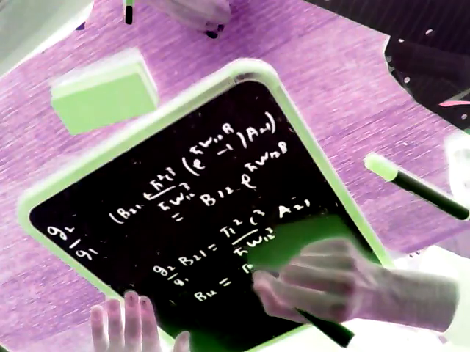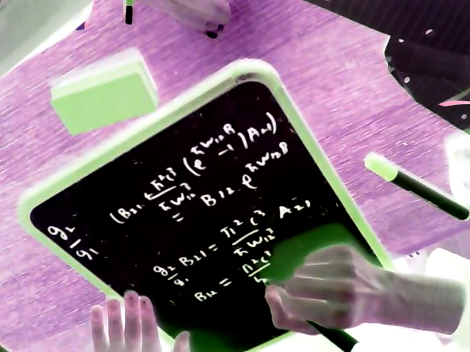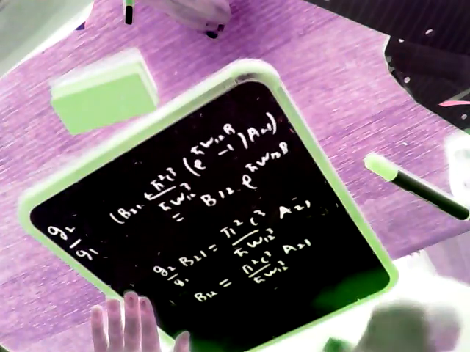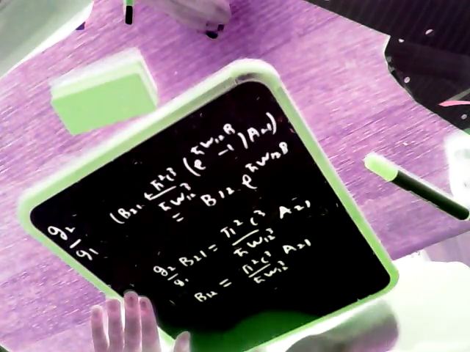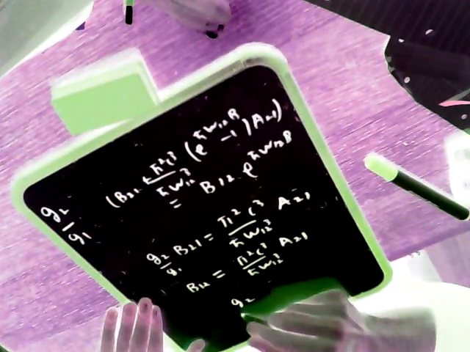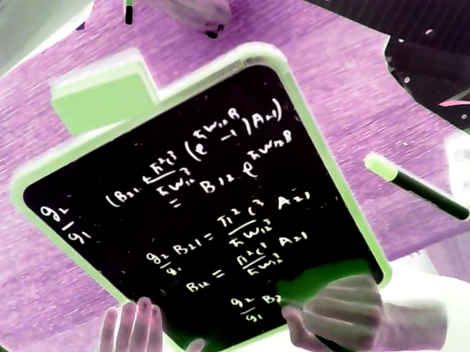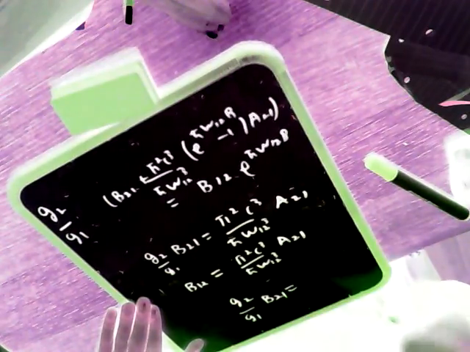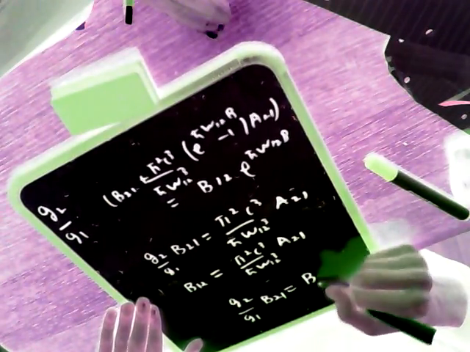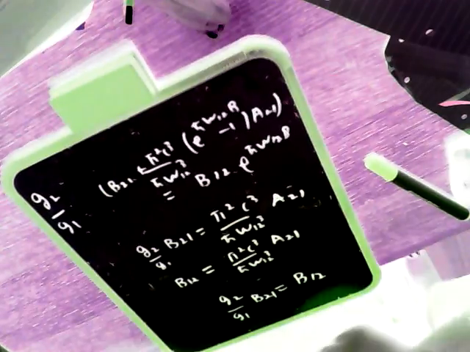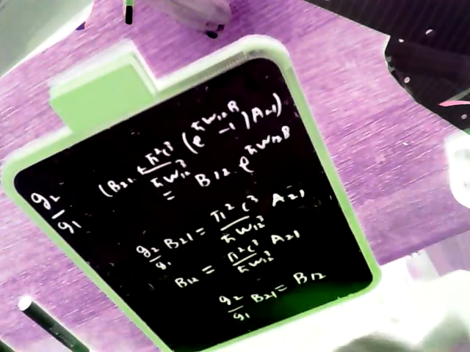So that gives us that B12 is equal to pi squared c cubed over h bar omega 1 2 cubed times A 2 1. And then we can equate these two sides to get that G2 over G1 B21 is equal to B12. And they are the relationships between the Einstein coefficients.